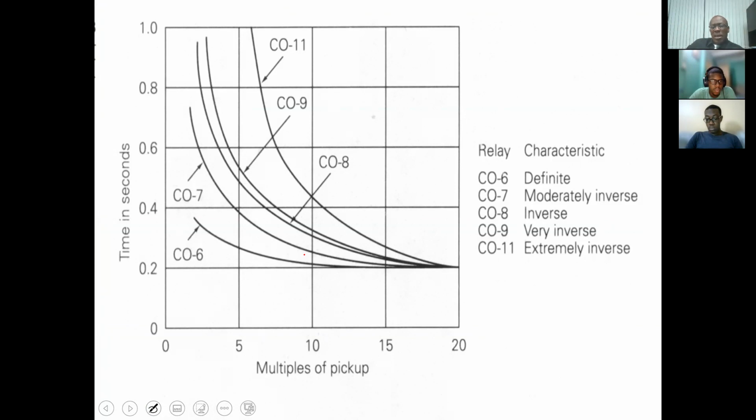And these relays, ladies and gentlemen, are linked or used in different areas of your power network. For example, the extremely inverse, or is it very inverse? Anyway, one of them. We use them where we have fuses in the system because their characteristic best matches the characteristic of your fuse.